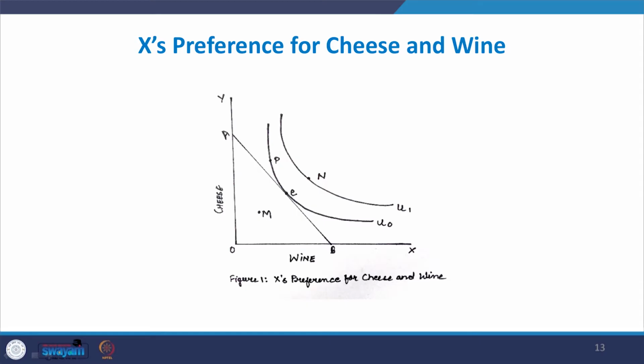Similarly, N provides a higher level of utility to the consumer, but N is not obtainable, not reachable, because to reach N more funds, more budget is required, and that is why it is outside the budget line of the consumer.